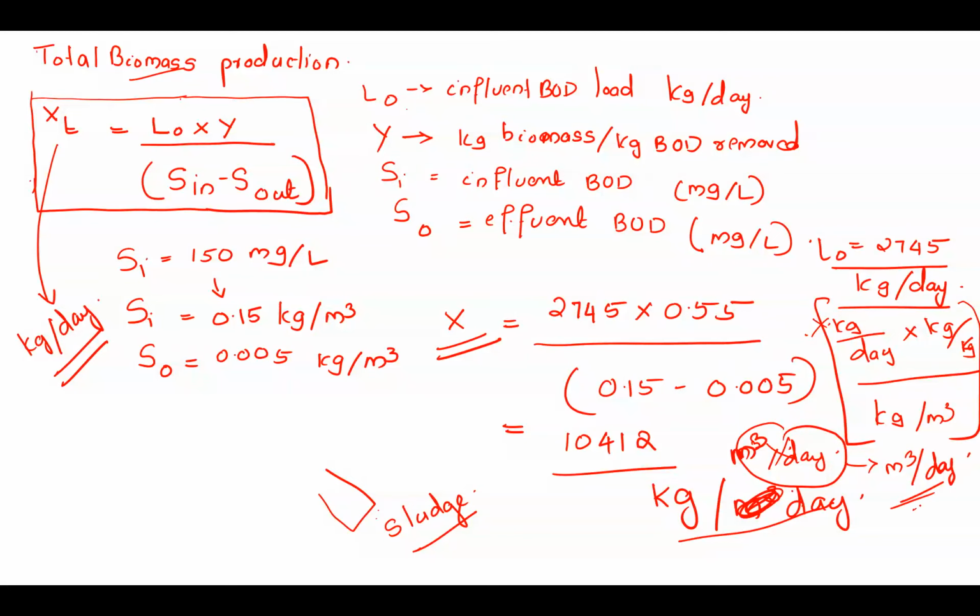But when I refer to the booklets, they mention kg per day. The meaning I have got is that since it is a solid and the liquid is not fully pure, we can't mention meter cube per day. Normally we take kg per day.